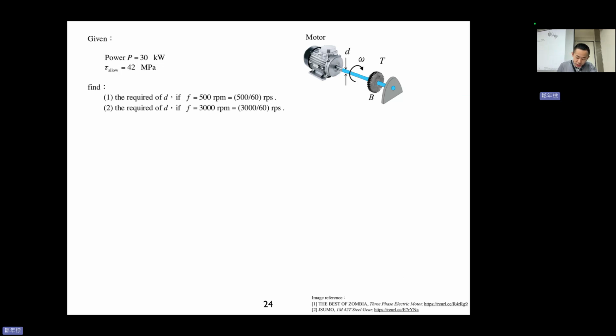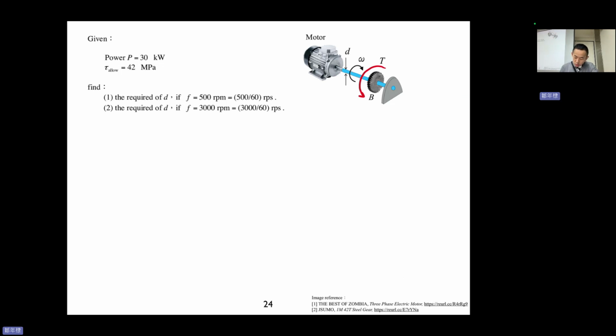Anyway, there is a motor here, and then a shaft with diameter d, and you rotate with frequency omega, and the tire provides torque T here. So the power P equals 30 kW, and tau allowed is 42 MPa in this blue bar.